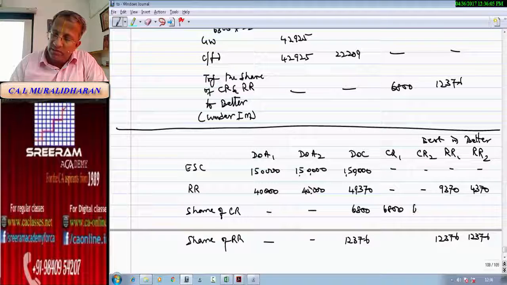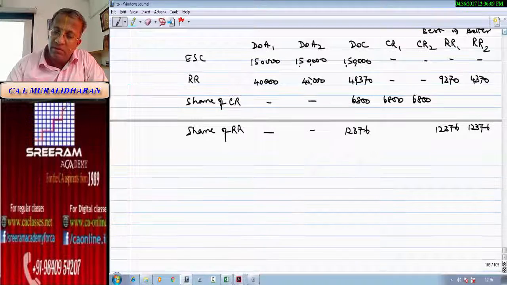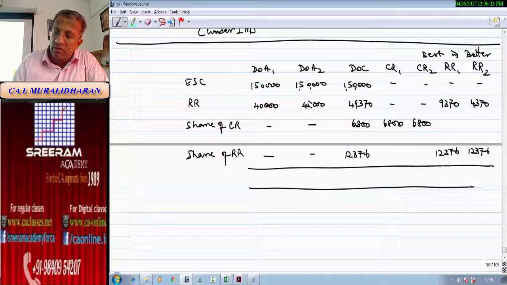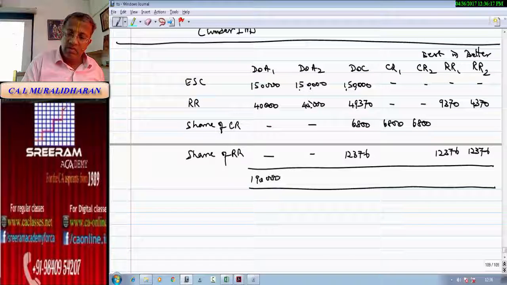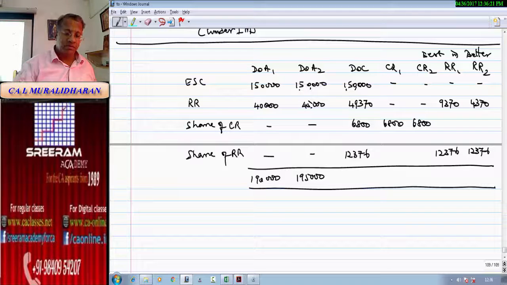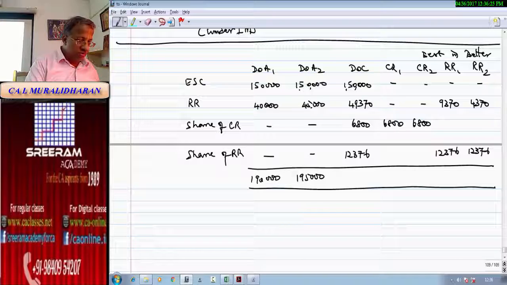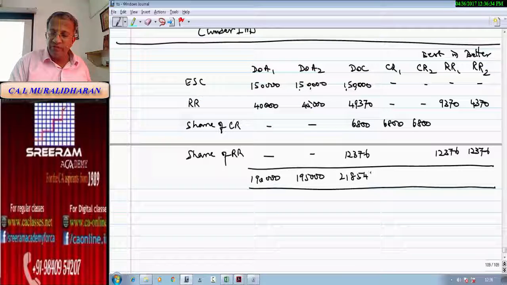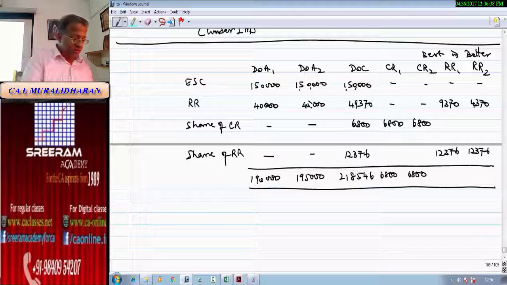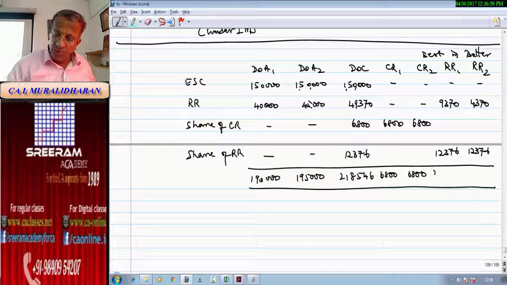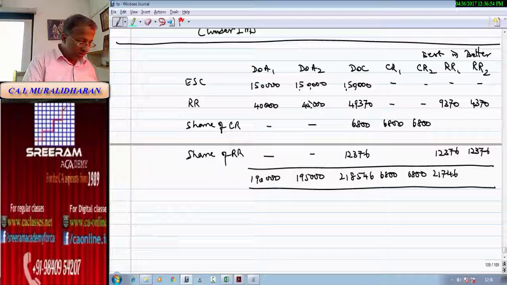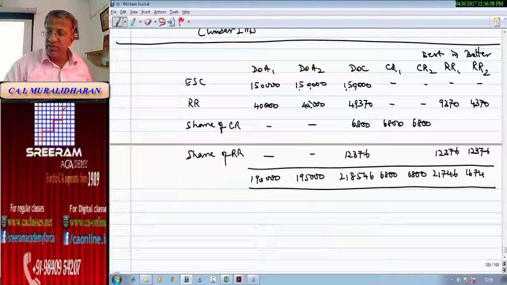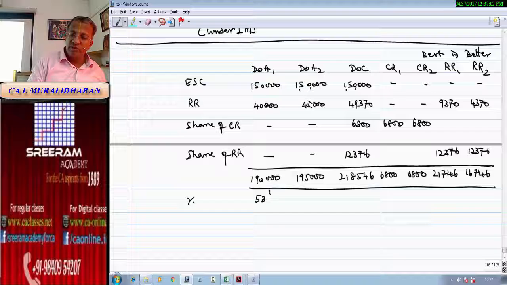Here 6,800 each. So 9,370 plus 12,376 gives 21,746, and 4,370 plus 12,376 gives 16,746. Percentage of holding: 53 and 1 by 3 percent for the first lot and 26 and 2 by 3 percent for the next.